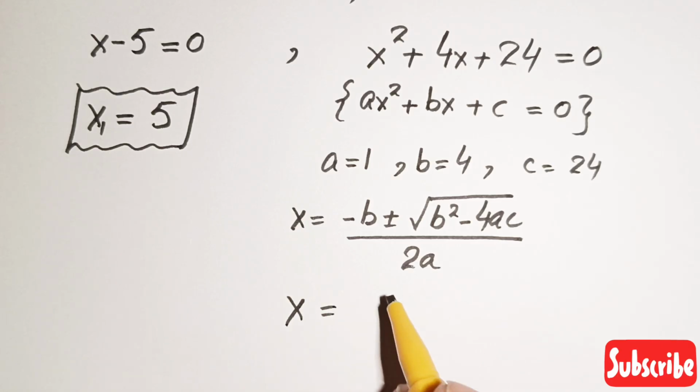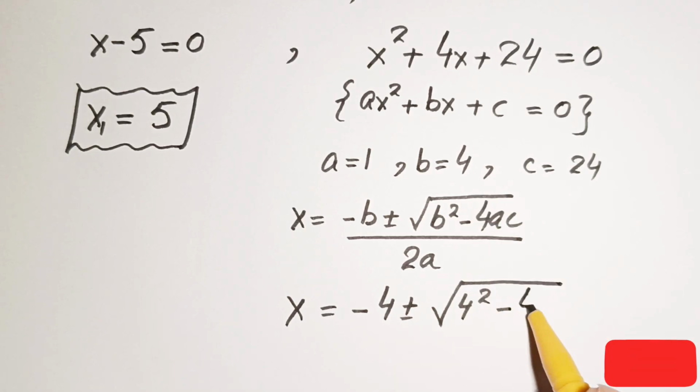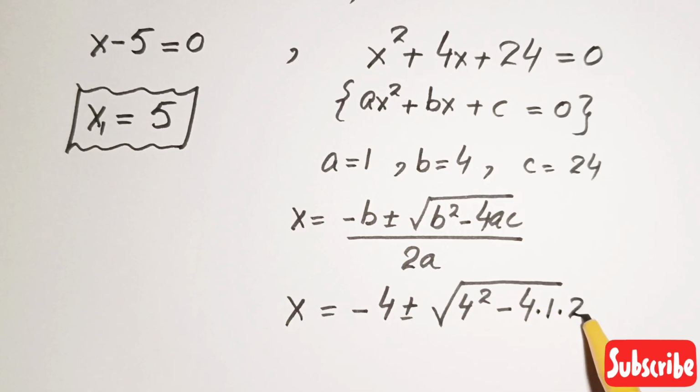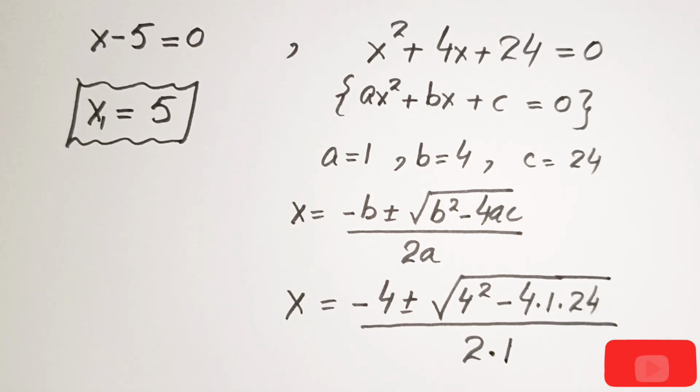Here we have x is equal to minus b, that is minus 4, plus minus the square root of b squared, here 4 squared, minus 4 times a, which is 1, and c is 24, divided by 2 times a, which is 1.